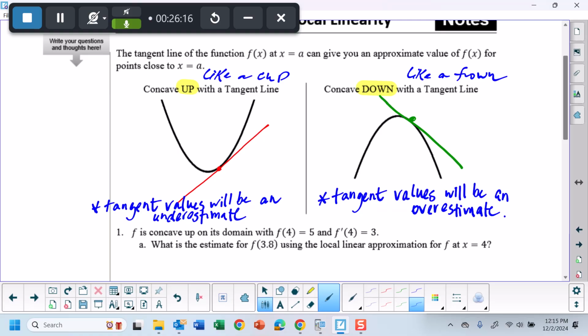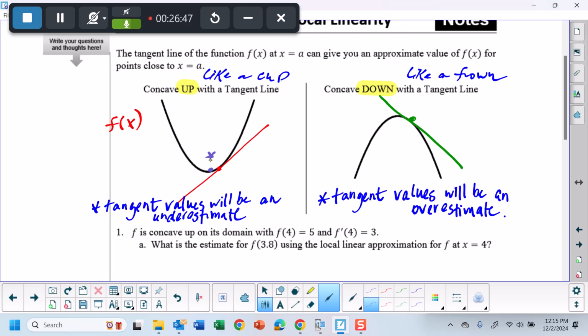Go ahead. When you say overestimate and underestimate, do you mean that the definition of the tangent line is that it's an underestimate, or do you mean the values, the input-output values? Let's say here is our graph f of x, and you really want to know this value right here.